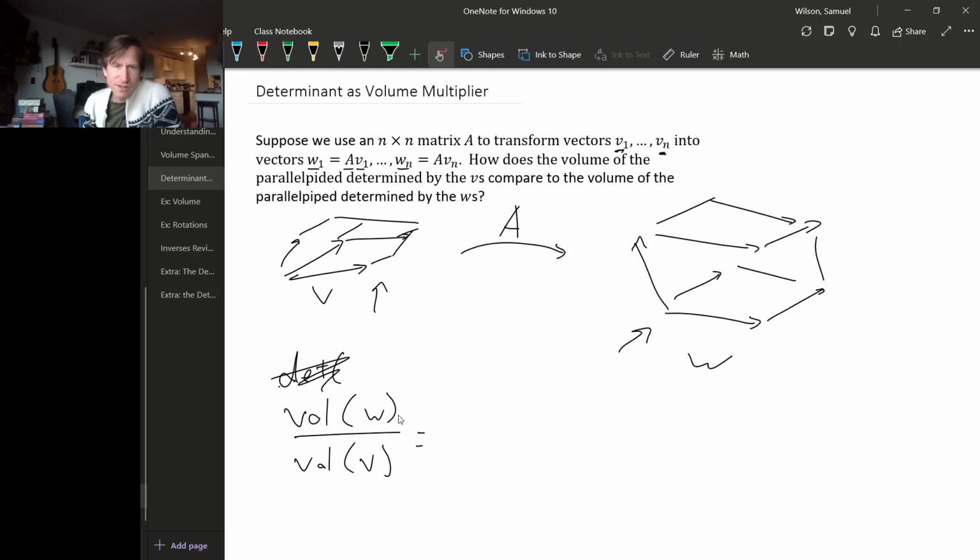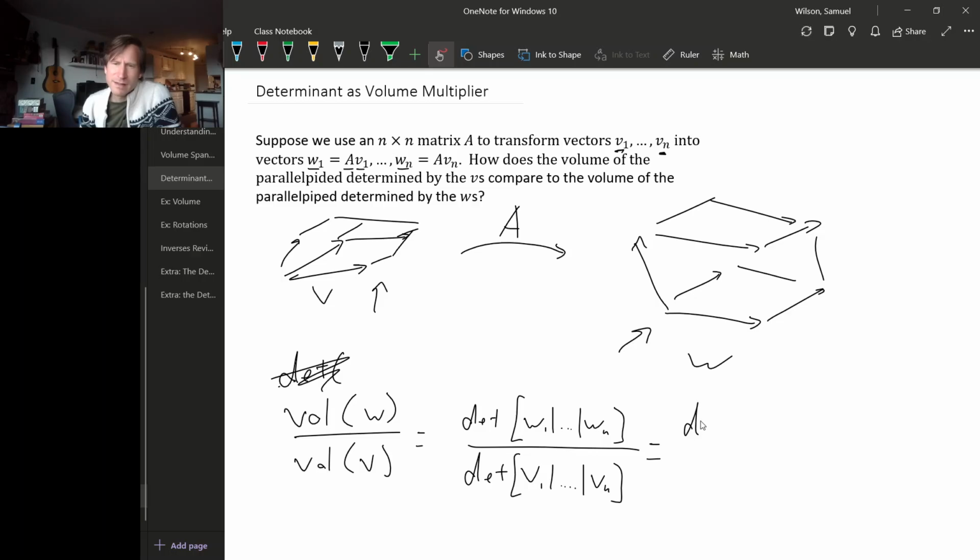To find the volume of the parallelepiped determined by the W's, we can just take the determinant of a matrix whose columns are the W's, like this. And to find the volume of the parallelepiped determined by the V's, we can take the determinant of a matrix whose columns are the V's.